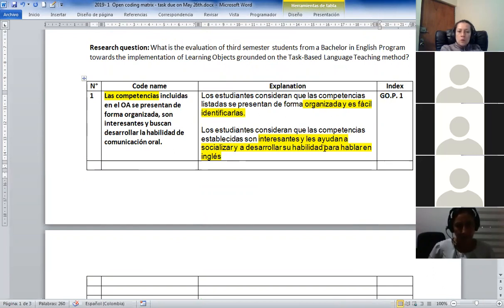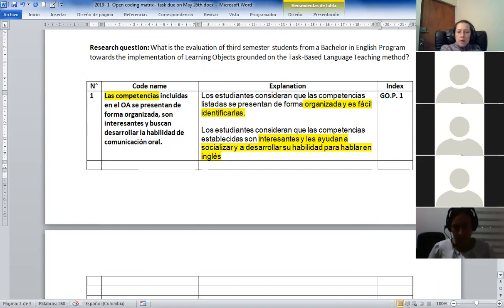We have two codes that were grouped as las competencias incluidas en el objeto de aprendizaje se presentan de forma organizada, son interesantes y buscan desarrollar la habilidad de comunicación oral. So this new code emerged from these two opinions given by student GO.